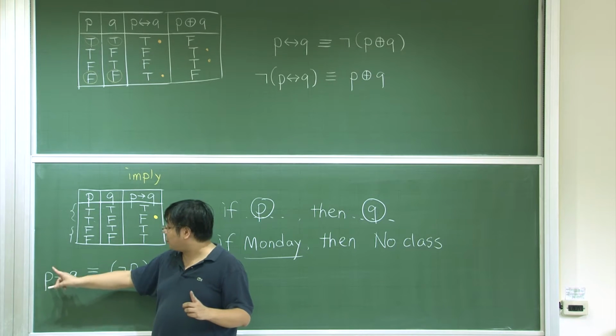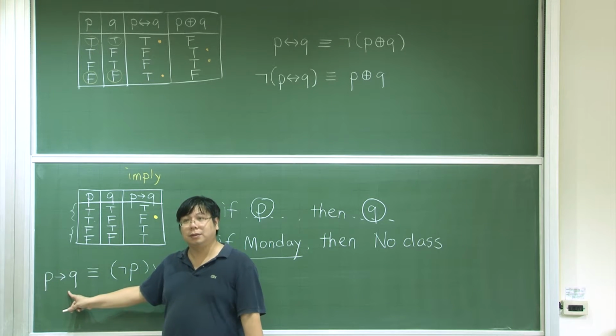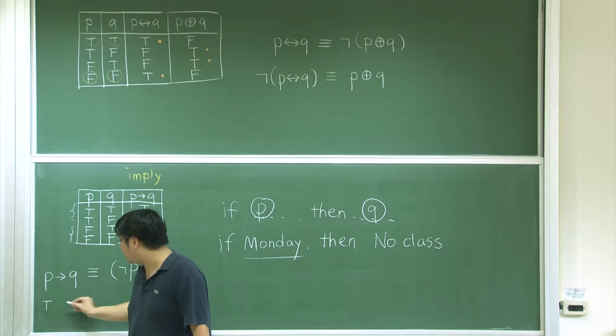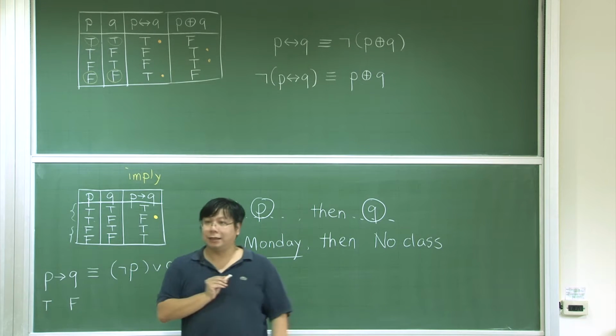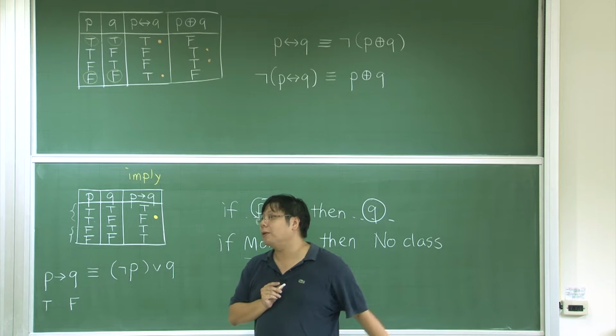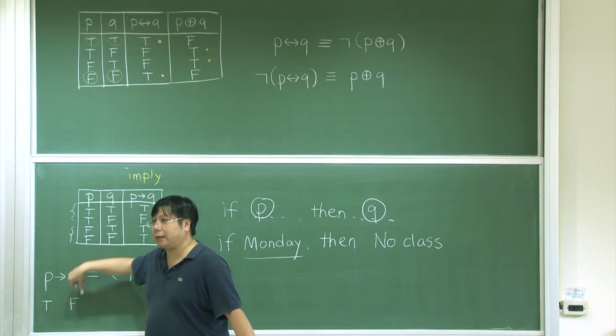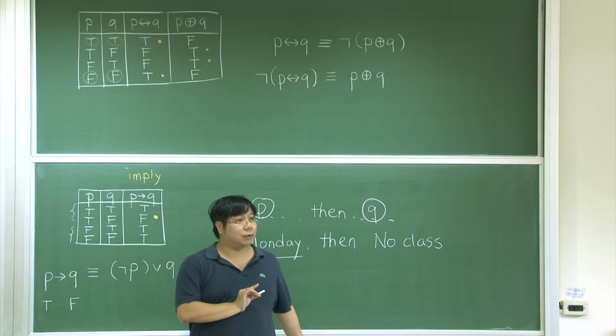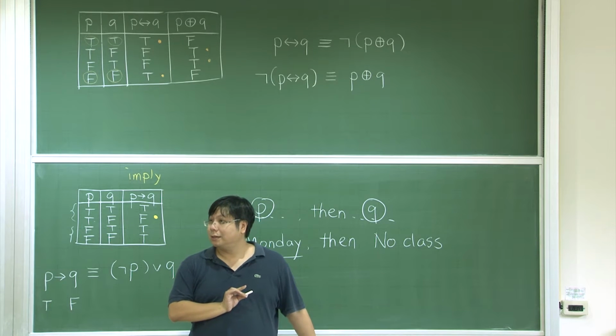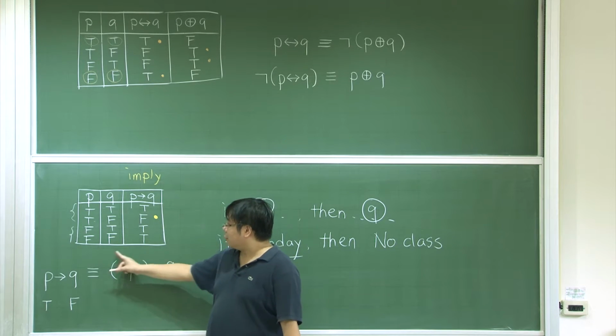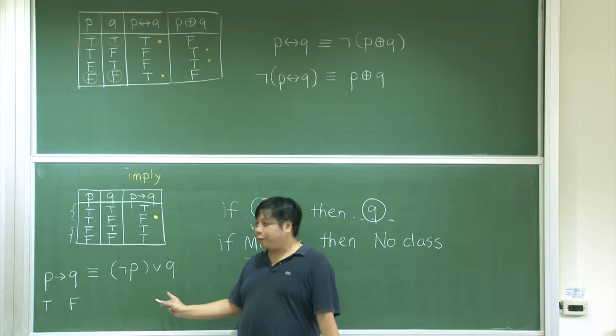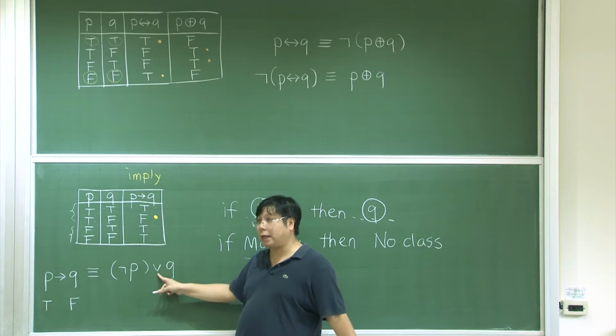Which case? It is when P is true, Q is false. So the only case that we get a false is true, false here. This is the only case that we get a false on the left-hand side. All the other cases, we will get a true. Is that okay? How about this one? On the right-hand side, how do we get a false? We notice that this is an or, right?